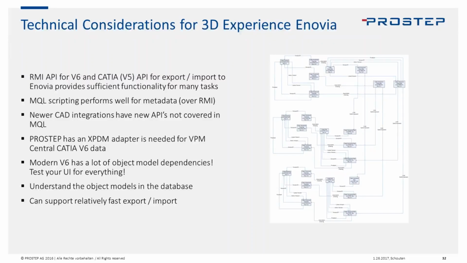There are object model dependencies for this to run that aren't as transparent as they are in other systems. Make sure you understand the object models in the database. They're good to look through in the old thick client. And it can be loaded pretty quickly if you wanted to, and if the system performs well.